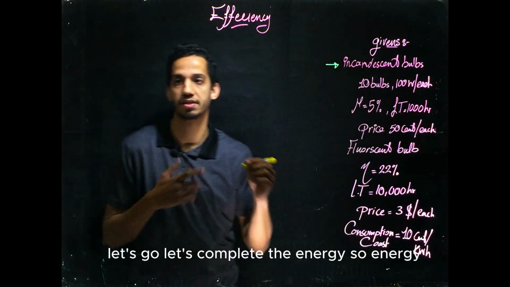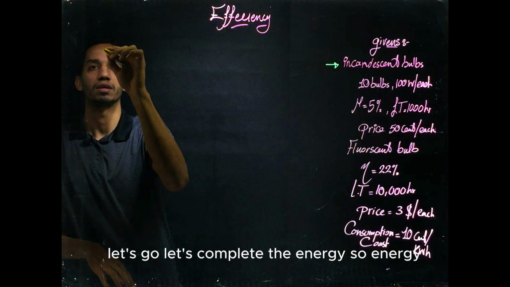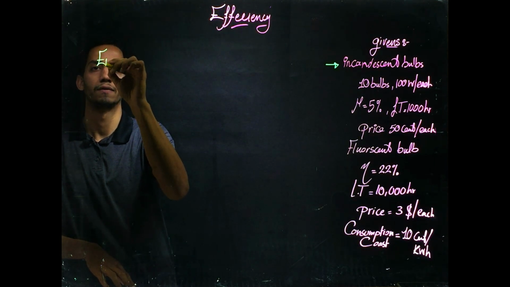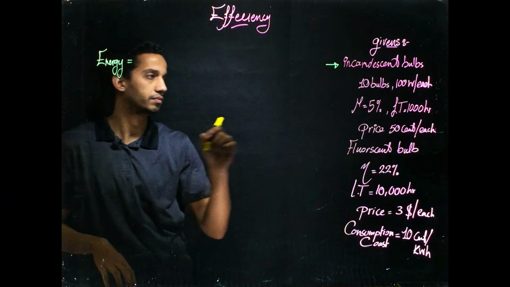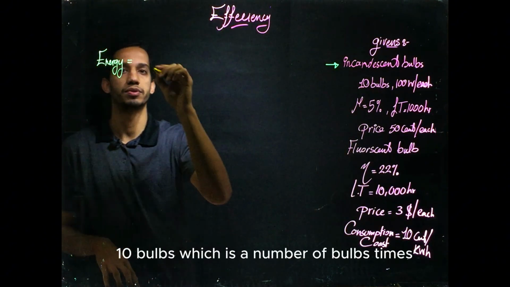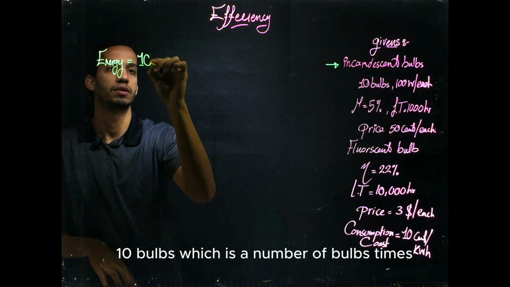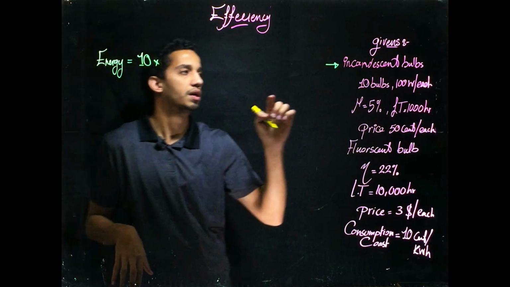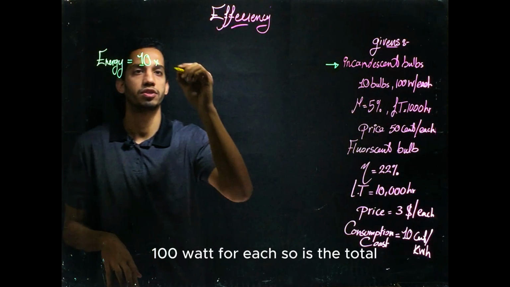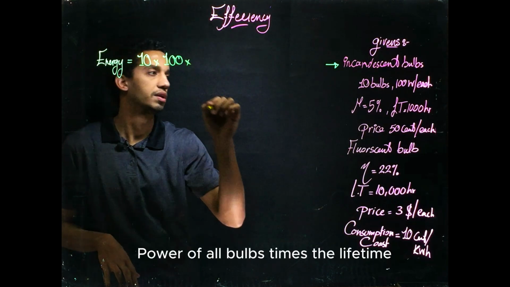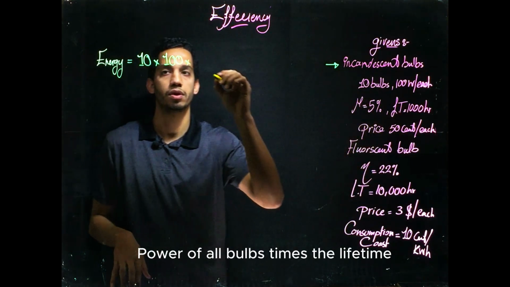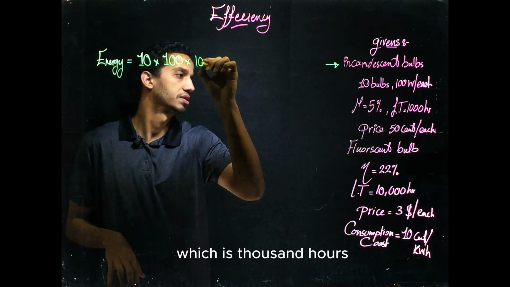Let's calculate the energy. Energy equals 10 bulbs, which is the number of bulbs, times 100 watts for each, so it's the total power for all bulbs, times the lifetime, which is 1000 hours.